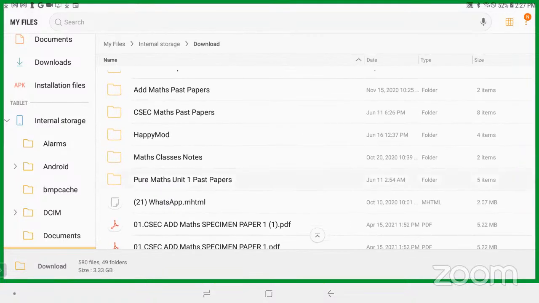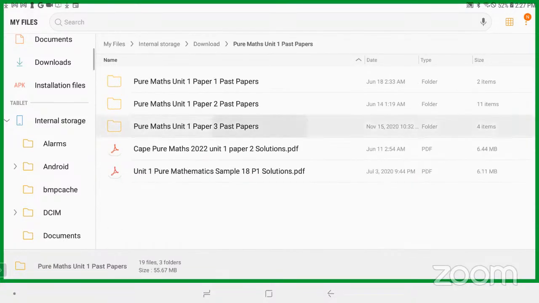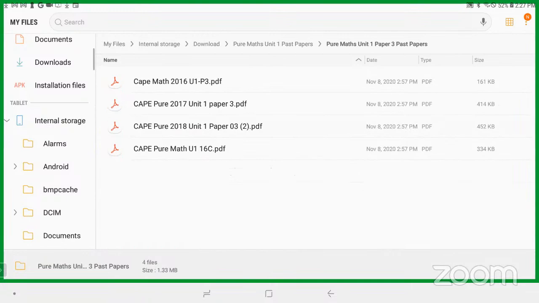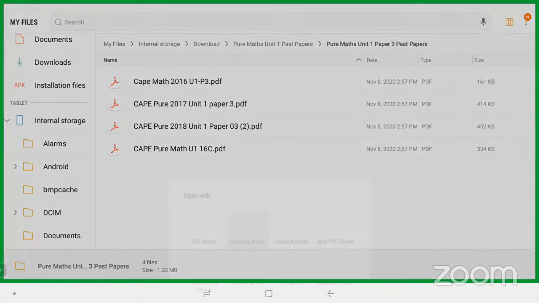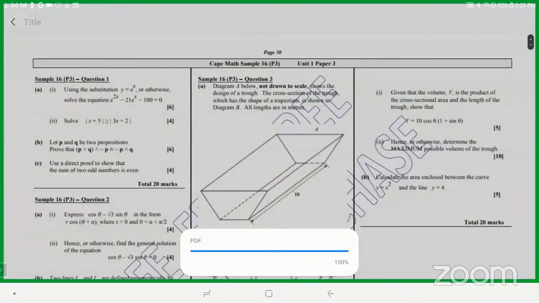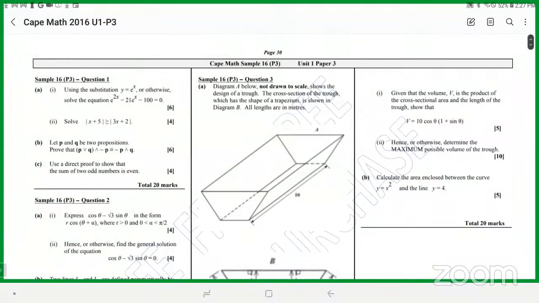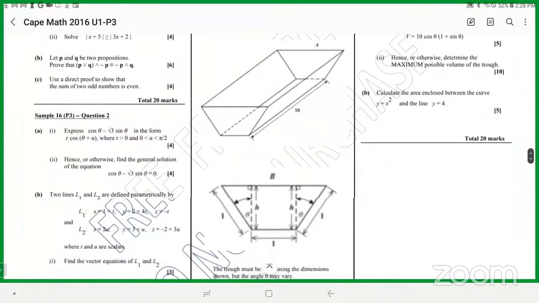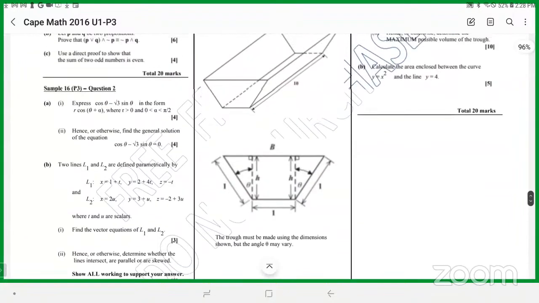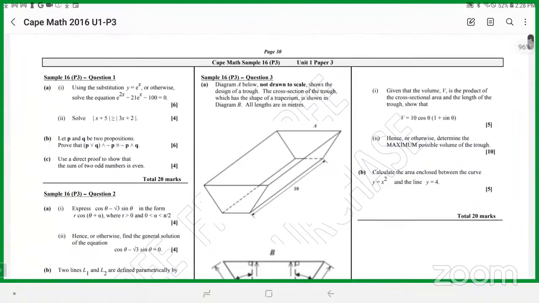We might have a couple of paper 3s here. 2016 paper 3. Let's see if there are certain interesting logs on it. Nope. Nothing.